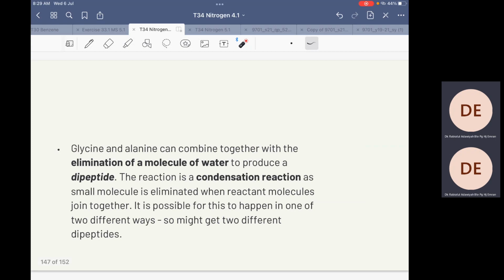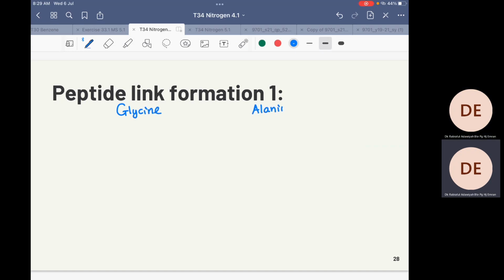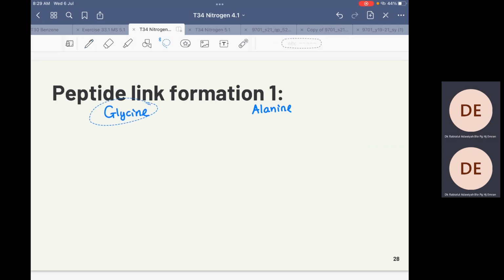Okay, so what do I mean by this? Peptide link formation 1. I will start with glycine and alanine. I will draw my glycine maybe to the side.